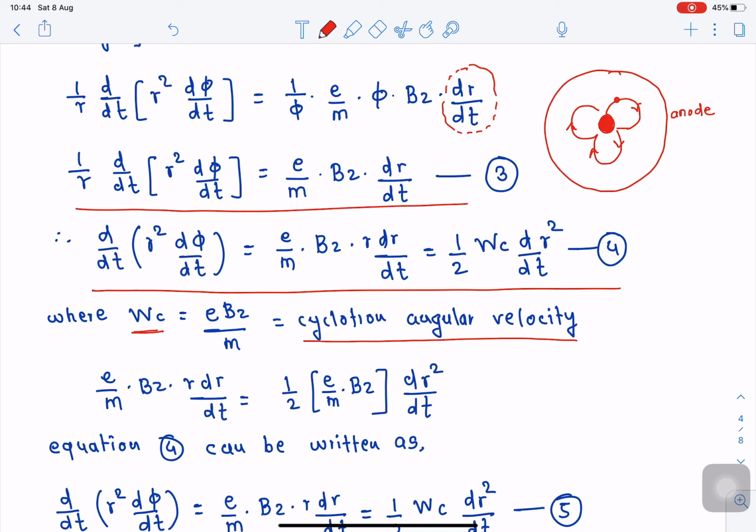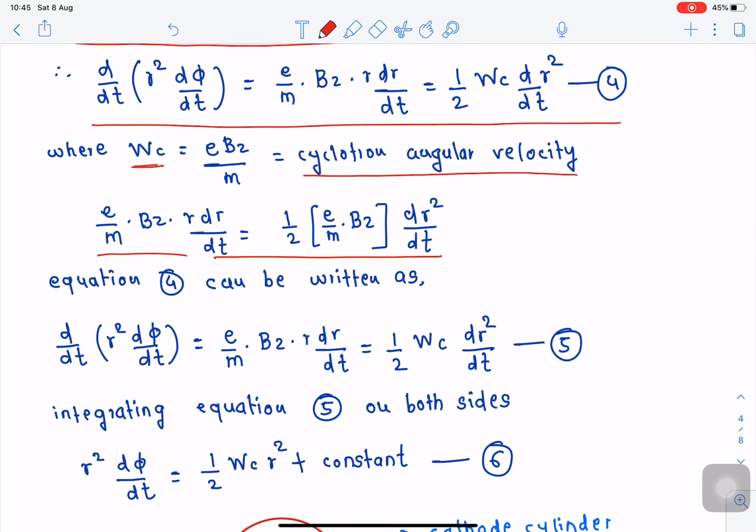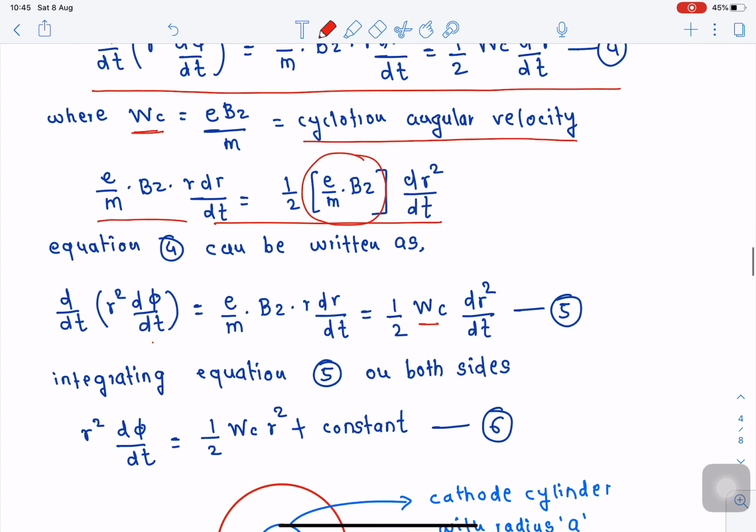Then we can rewrite e Bz by m r dr by dt in this particular form. So equation number 4 can be rewritten as d by dt of r square d phi by dt, minus e by m Bz r dr by dt, is equal to 0. Here we replace this term with omega c d r square by dt by 2, with which we get equation number 5.